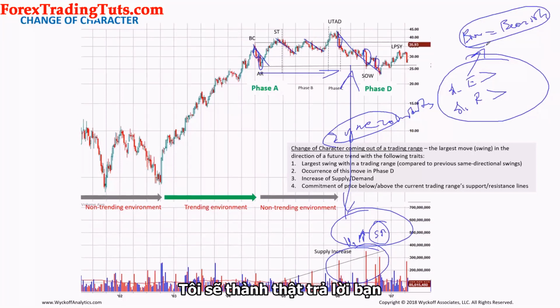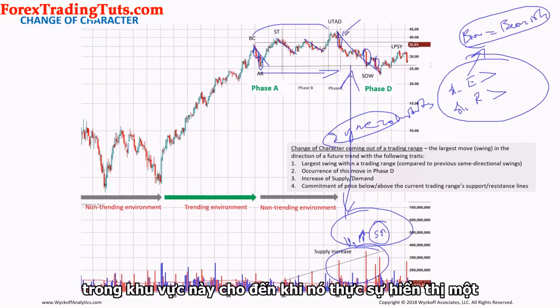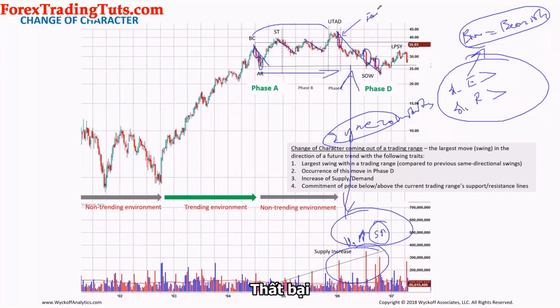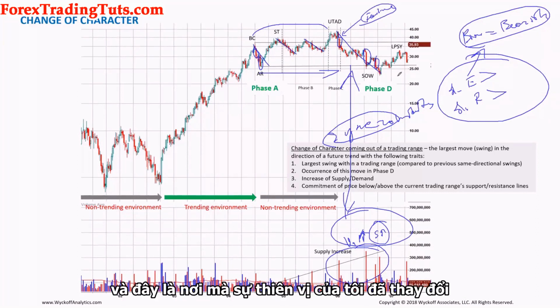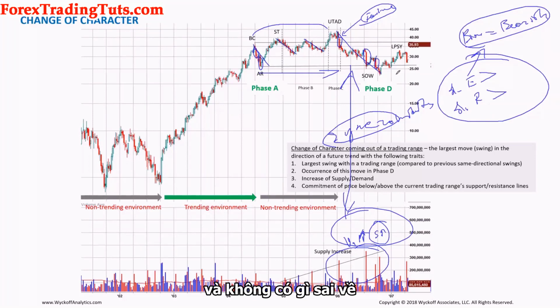I'm going to honestly answer you that I did, and my bias back then was still to the upside in this area until it actually showed a failure. And this is where my bias has changed. And there is nothing wrong with changing your bias as long as you understand why and as long as you could use it and make money.